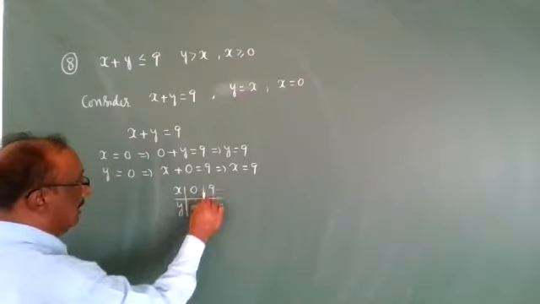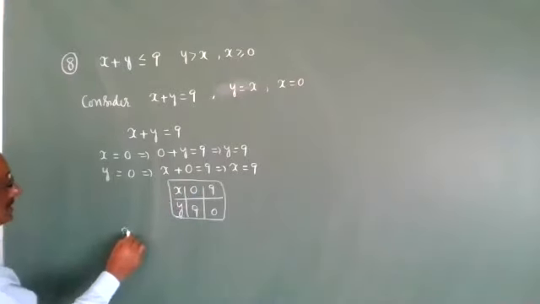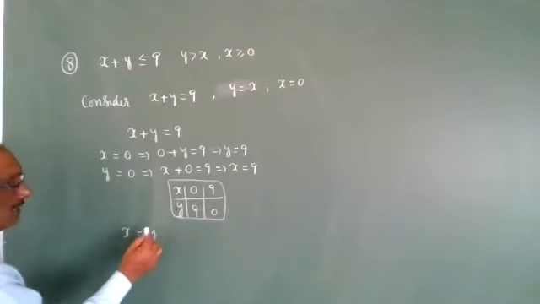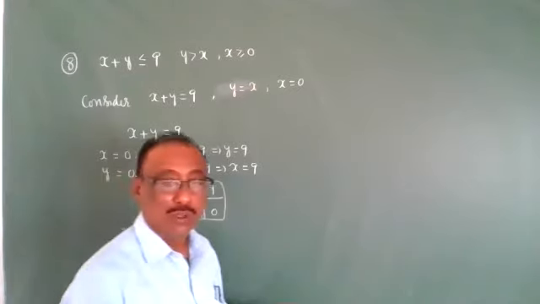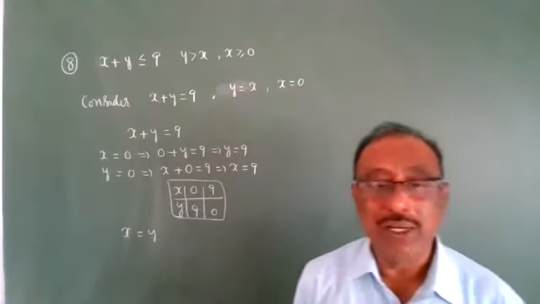Right. Next one, everyone see. For the second equation we can take x is equal to y. X is equal to 0, y is 0. X is equal to 1, y is 1. That means it is a point I will draw.